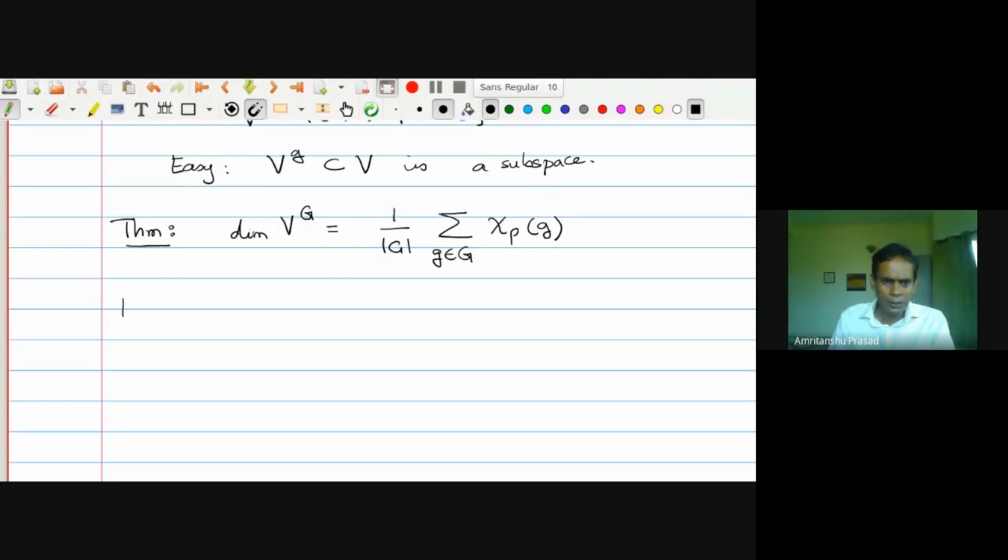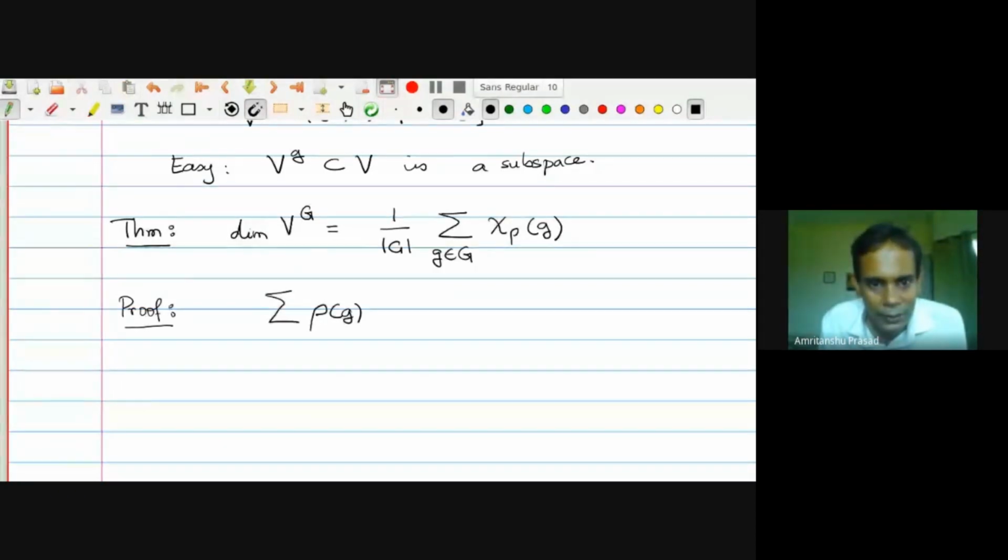The proof is somewhat clever. Basically, what you have to do is take this rho(g). So for every element g in G, you have this action rho(g). Now, if you choose a basis of your vector space V, this rho(g) is just a matrix. Otherwise you can think of it as a linear transformation, whatever you're comfortable with. What we'll do is average this over the entire group G. So we'll take the sum over g in G and divide by |G|.